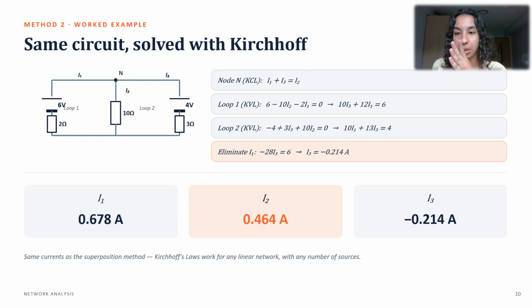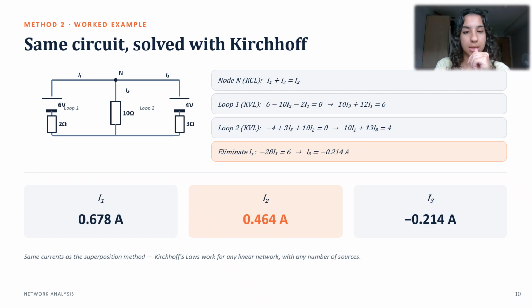If we assume battery A's direction is going upwards, then voltage should go in one direction, so battery B should be negative. Now we rearrange again using the current law, and end up with 10I1 plus 13I3 equals 4.